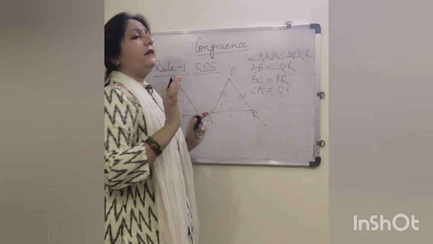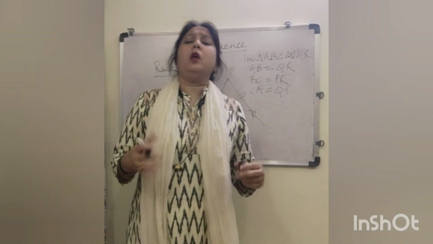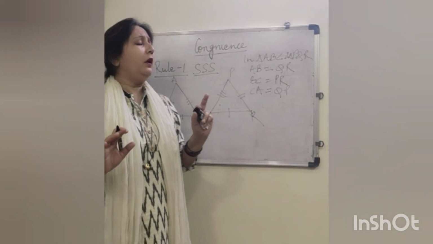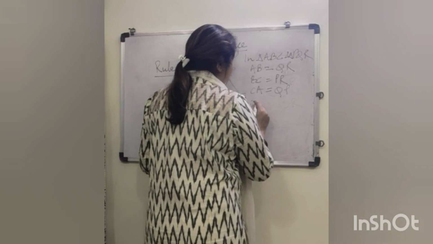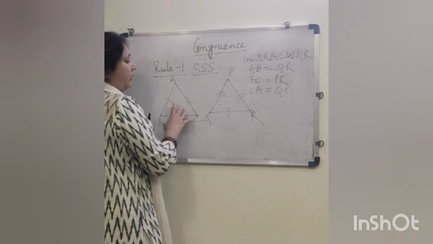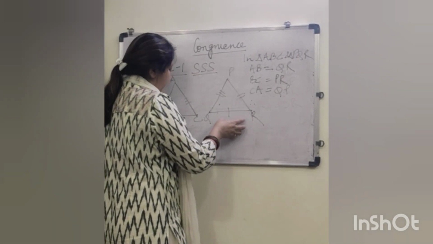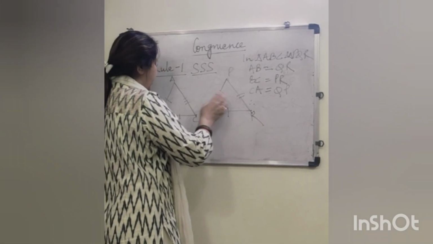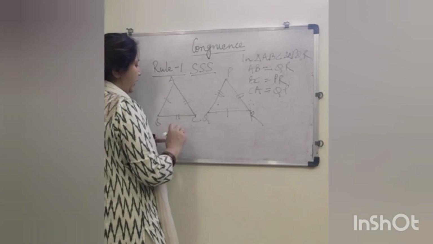It is given that these three sides are equal to three sides. And therefore we will drag this triangle and try to set it such that the single cut side comes on single cut, double cut side is set on double cut, and triple cut side is set on triple cut.